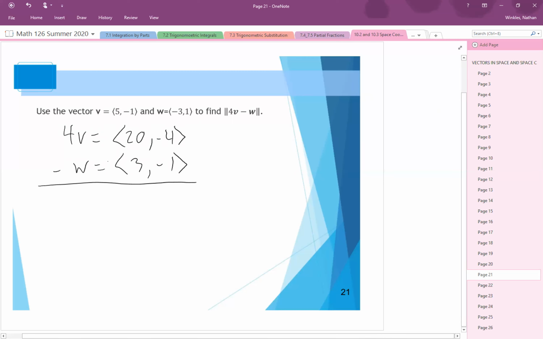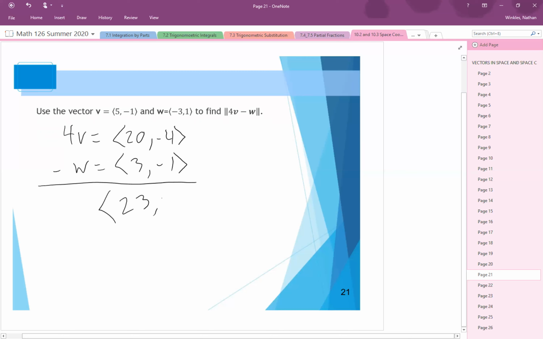So if we were to combine these two, we're actually just combining 4v and minus w, so therefore this would now be a plus between them.